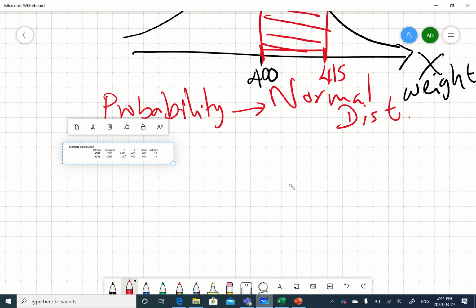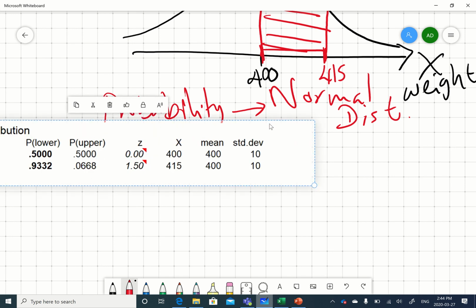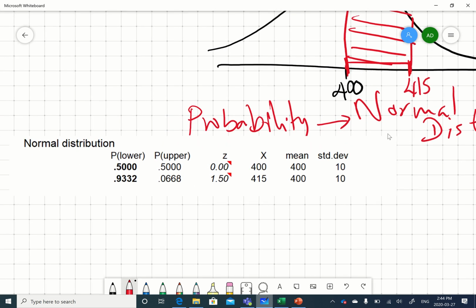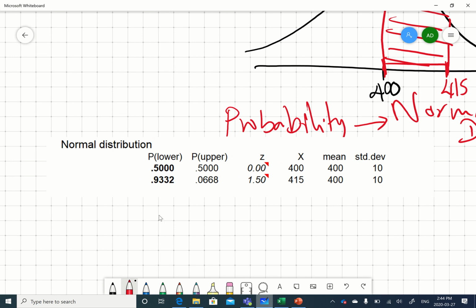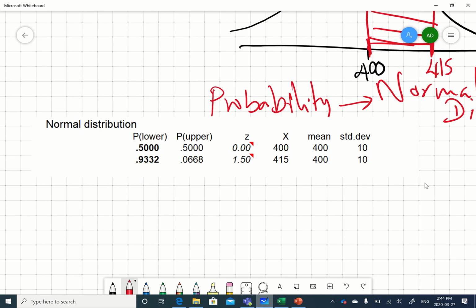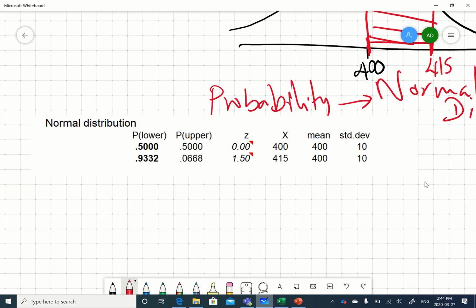It's very tiny. Okay, good. Here you go. Okay, so now you need to pay attention to these details. What does each number mean? So basically this is all you need. So this lower reading, so 0.5 for 400 and then 0.9332 for 415.